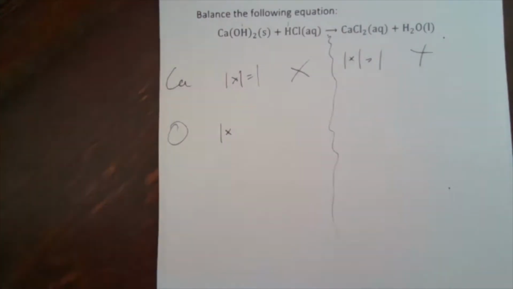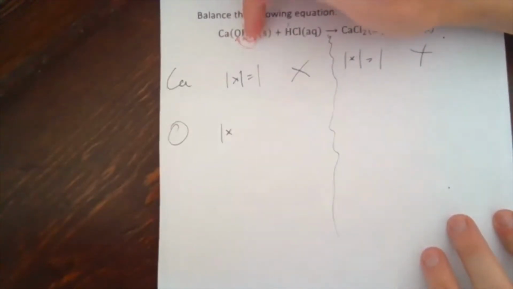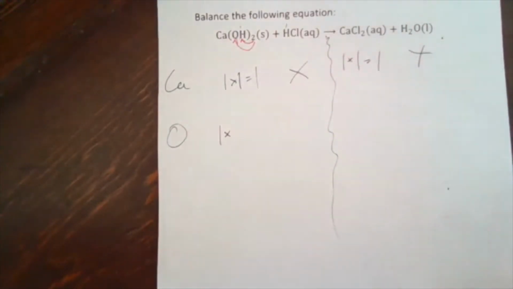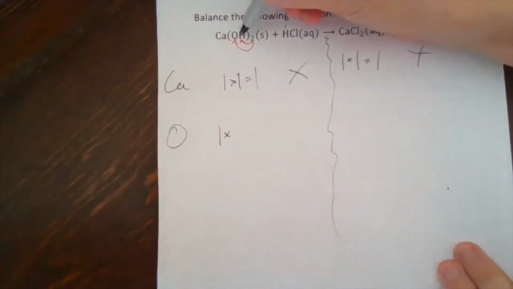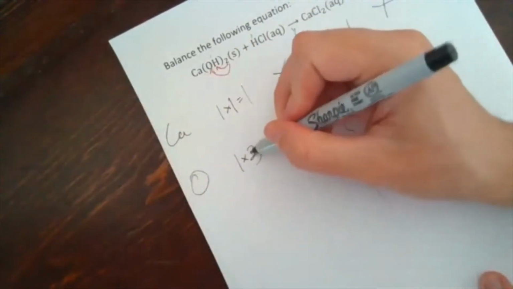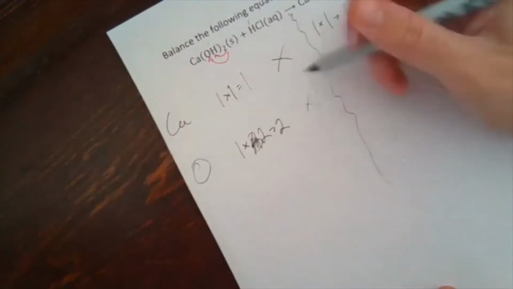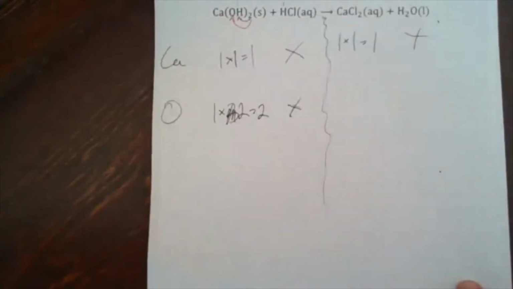And if we remember, that 2 means that it applies to the H and to the O, because really there's 2 hydroxides. So that means each one of these, there's 1 O per ion, and I have 2 of the ions. So that means this is going to be, whoopsies, a 2, which means that I have 2 O atoms. There are no O atoms here.